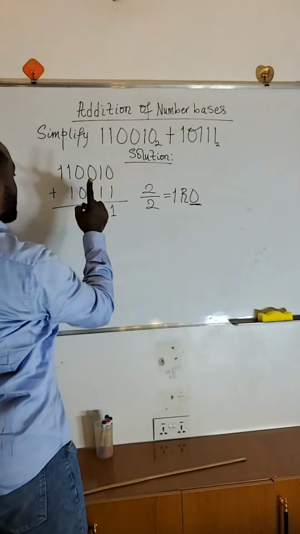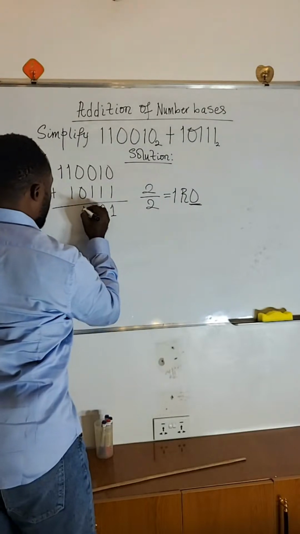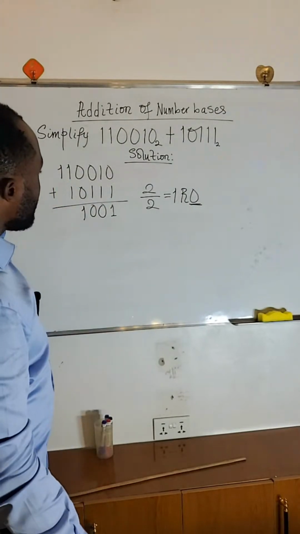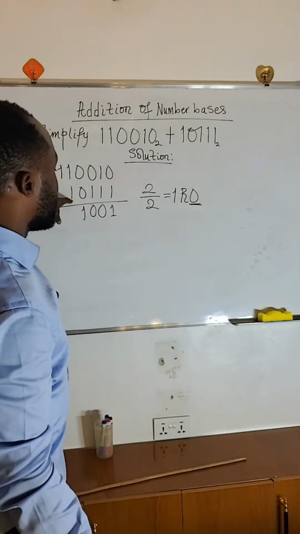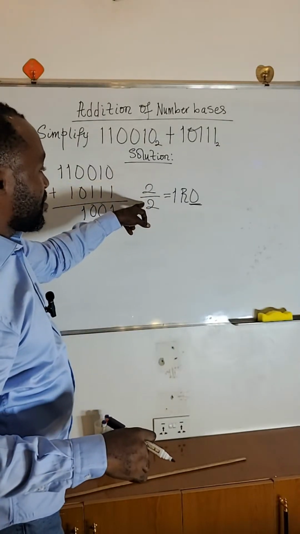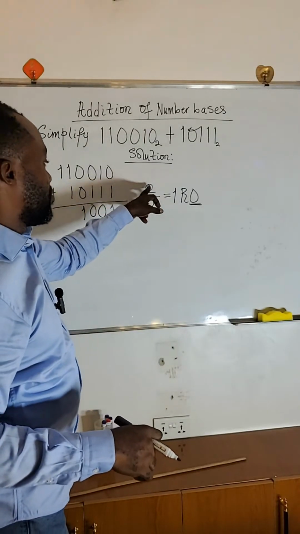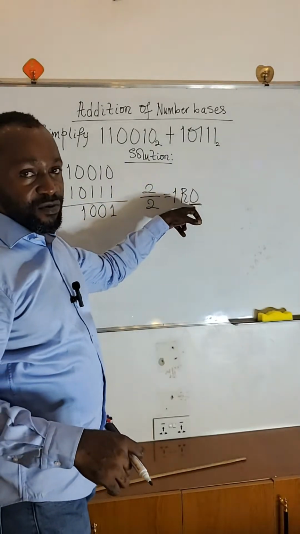0 plus 0 is 0, plus 1, that will be 1. Here is 1 plus 1, which is still 2. And so this process also occurred there. 2 divided by base 2 is 1, remainder 0.